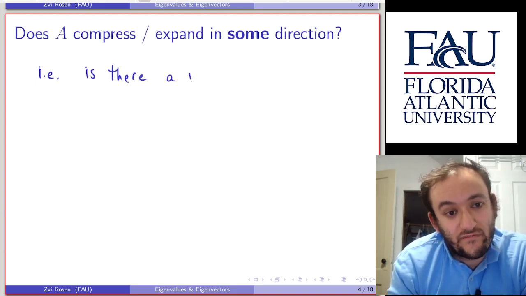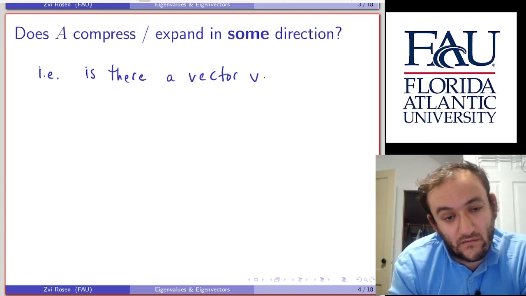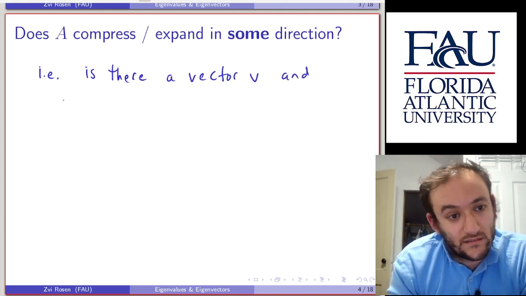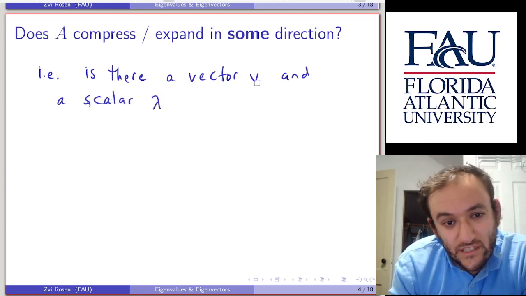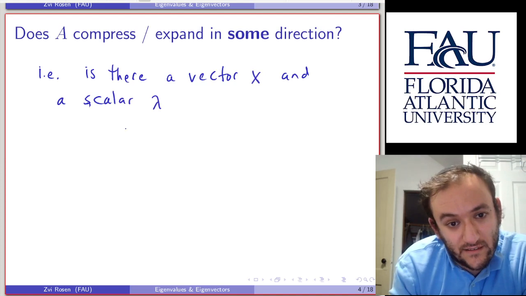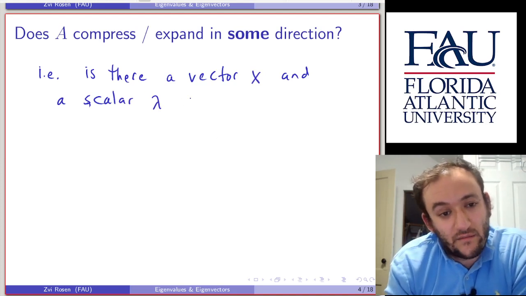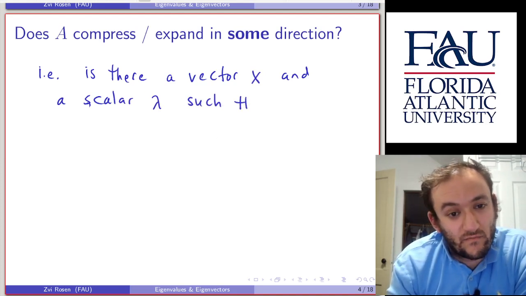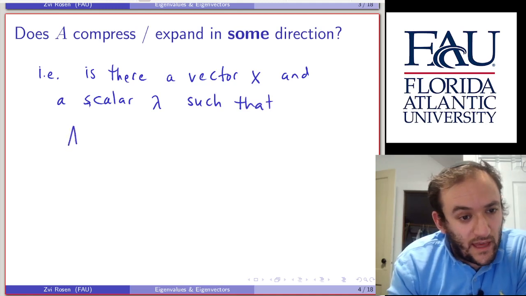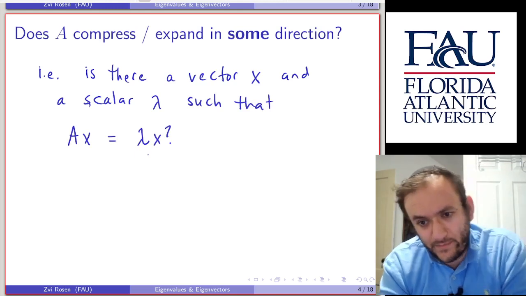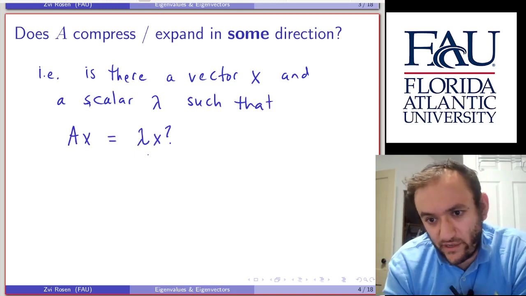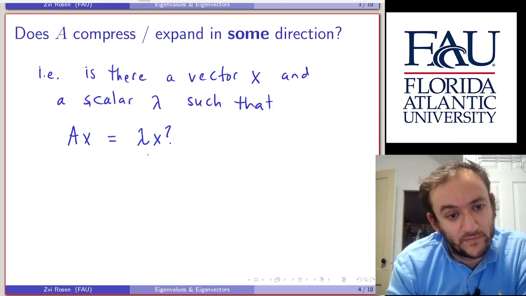Is there a vector v, and a scalar lambda? You know, let's exchange this v for an x. And a scalar lambda such that Ax is equal to lambda x. Okay? And lambda is a Greek letter, in case you've never seen it before.